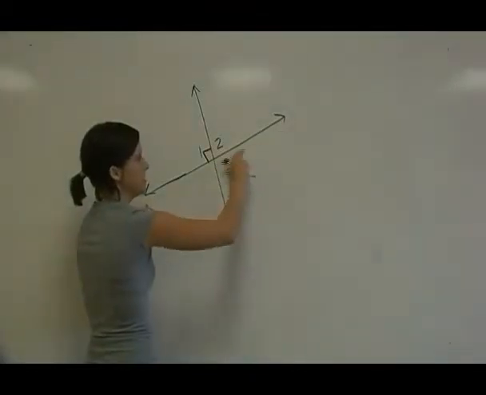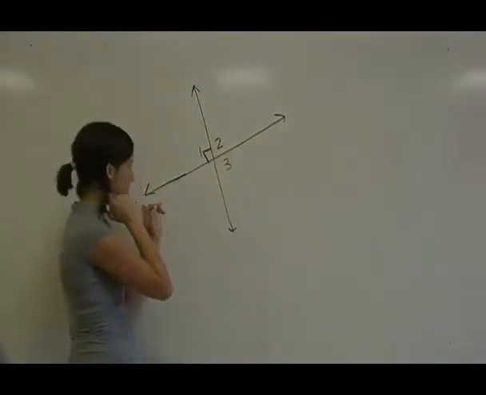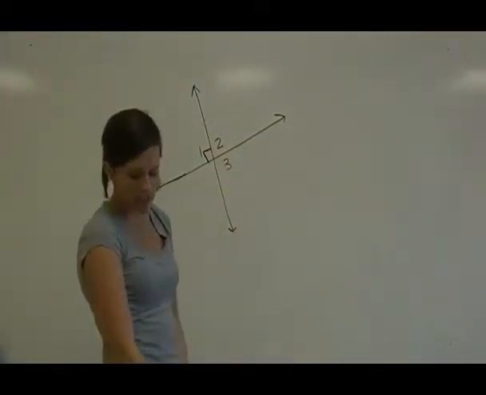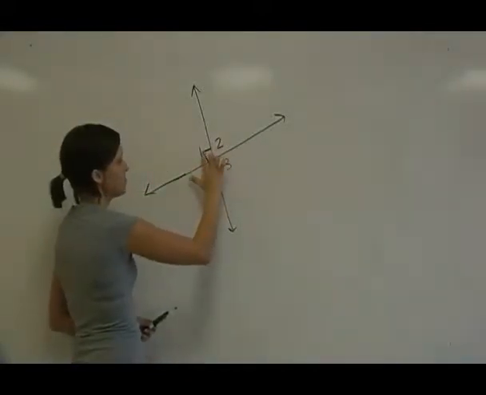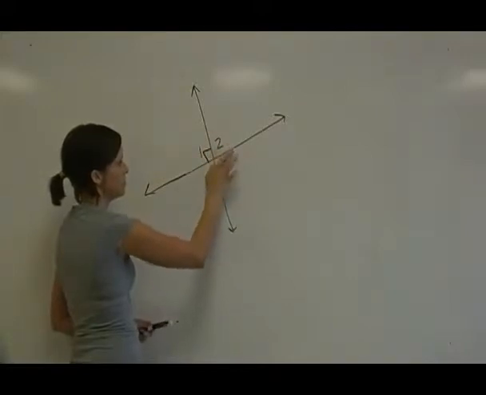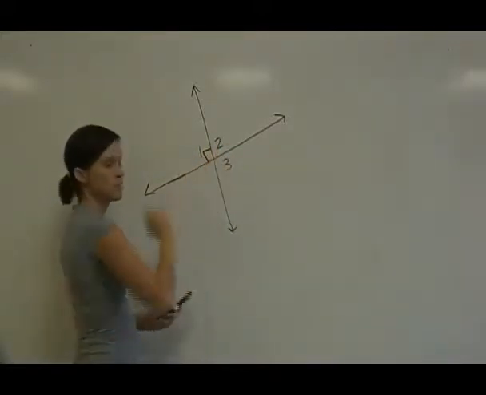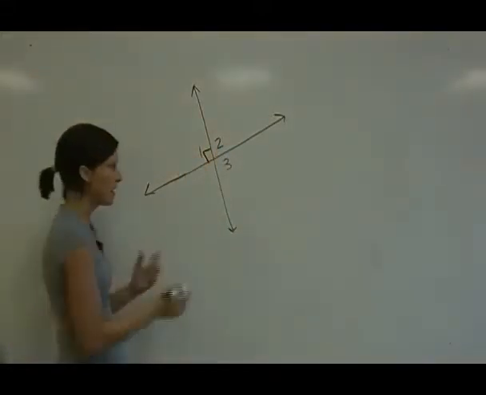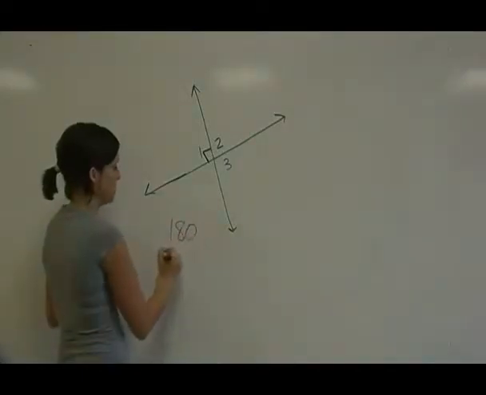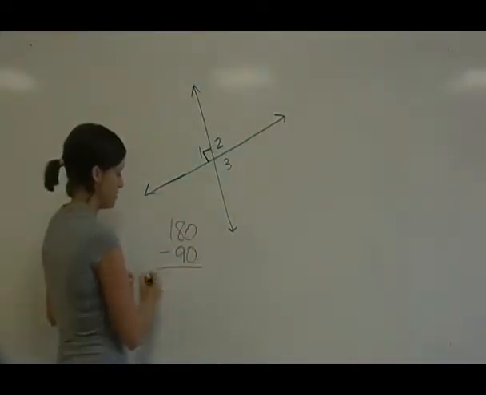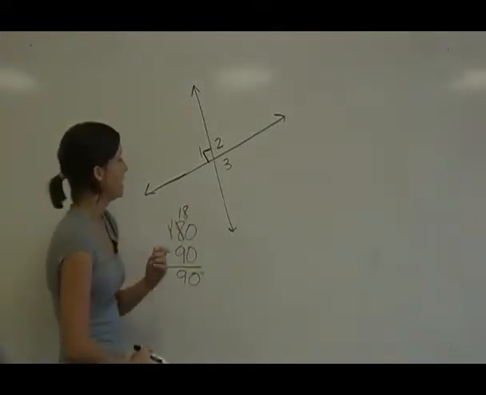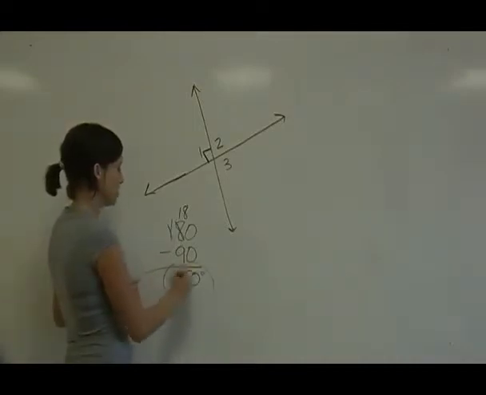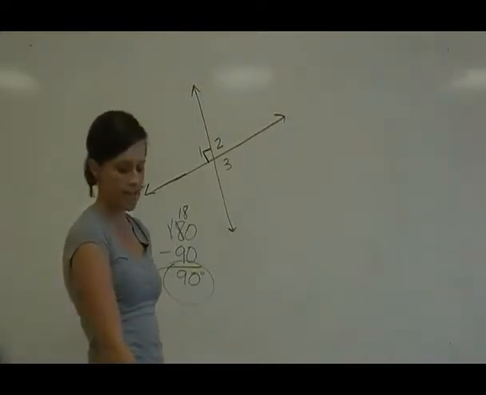Here we have a straight line, and just remember that those equal 180. So it tells us to find angle 2. If this equals 180, we have angle 1 and we have angle 2. If this one's 90, this one also has to be 90. And to check that, you can do 180 minus 90, like we did in the previous problem, and you get 90. Okay? 90 plus 90 equals 180, so your answer for a measure of angle 2 is 90.